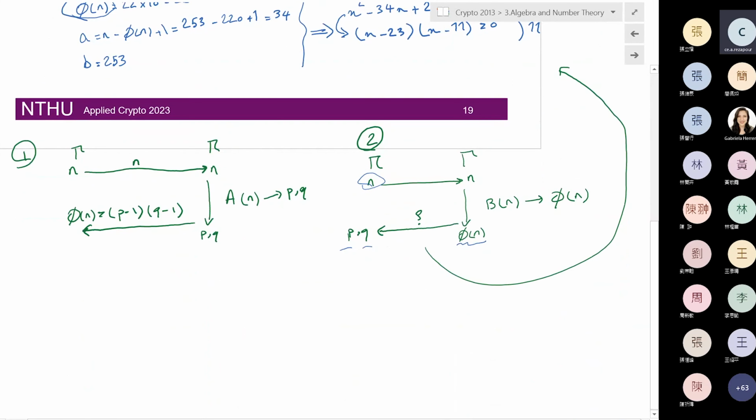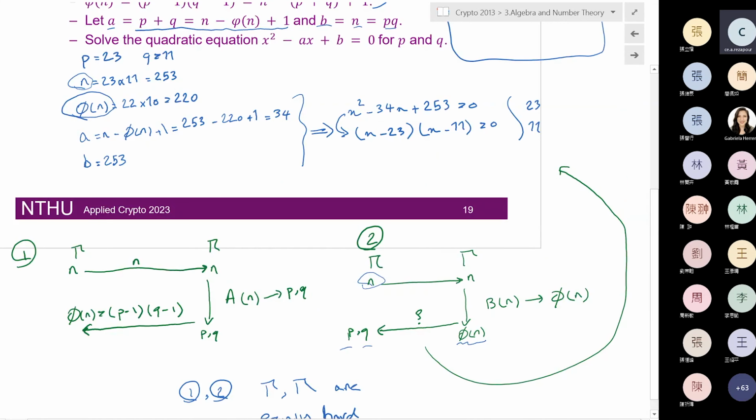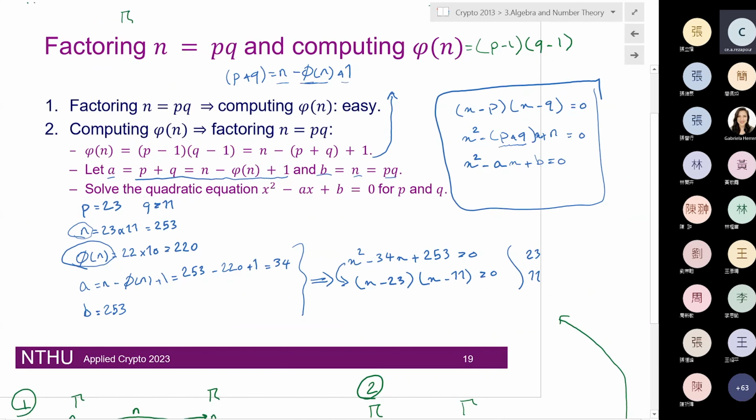So all I want to show is that from statement number 1 and statement number 2, we can show that phi and gamma are equally hard. Remember in mathematics, to show that two sides are equal, you go from one side to the other, for example from right to left, and then left to right.